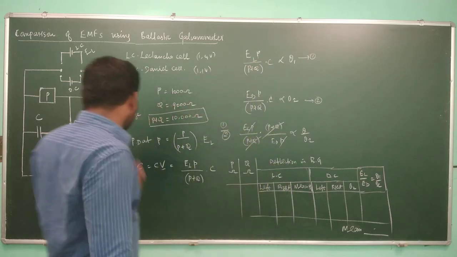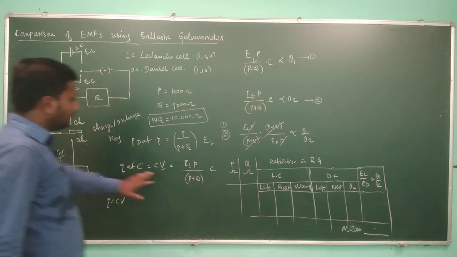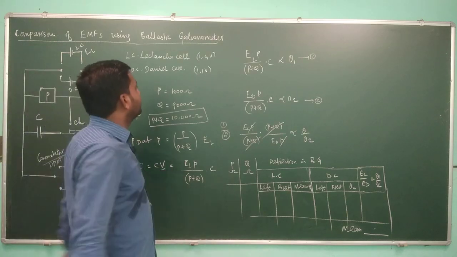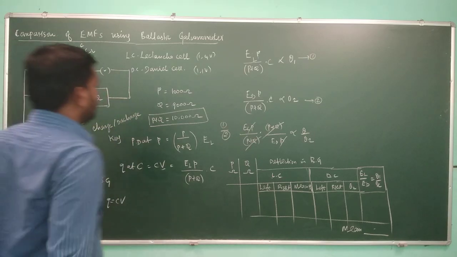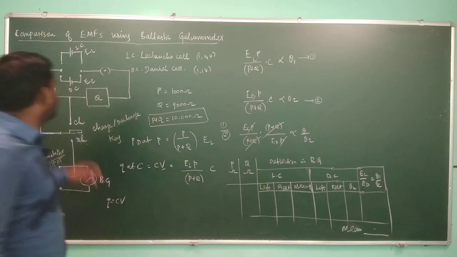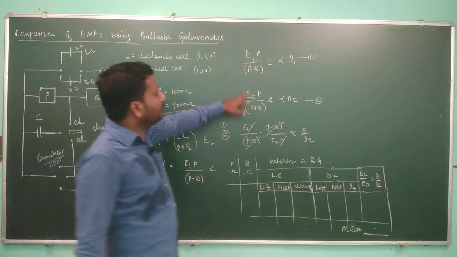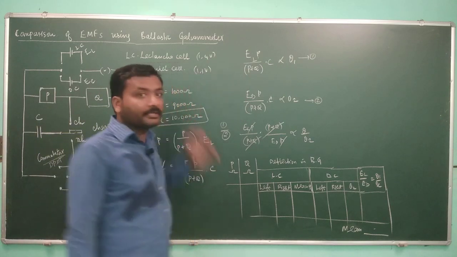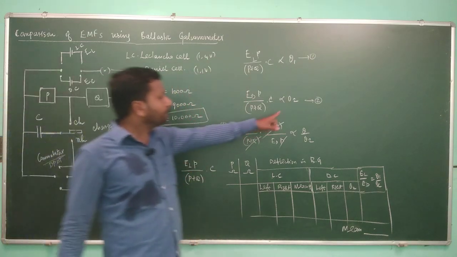So this is the charge due to Lagrange cell at C, and this charge is proportional to deflection theta 1 as given here. And if you want it for the Daniell cell, you have to replace the E_L value with the E_D value, and then you will get another angle theta 2.